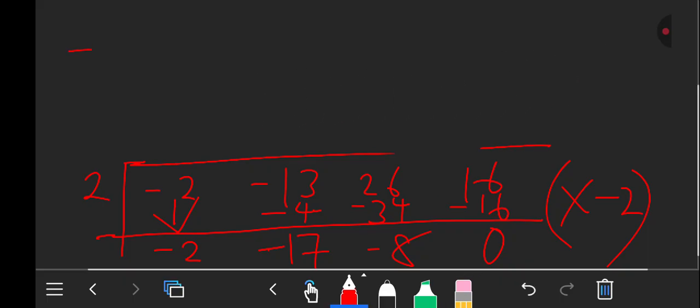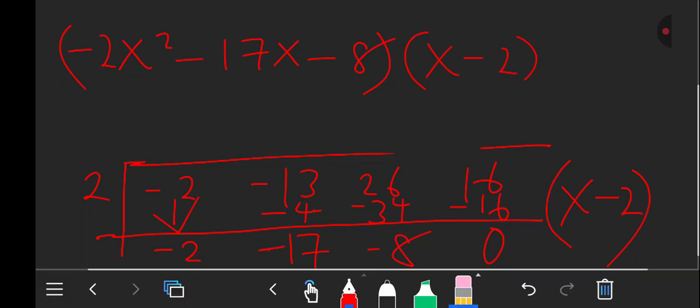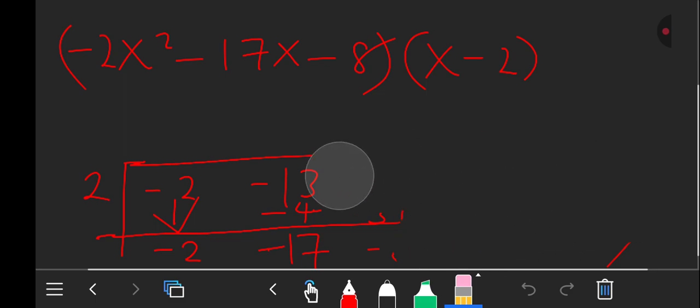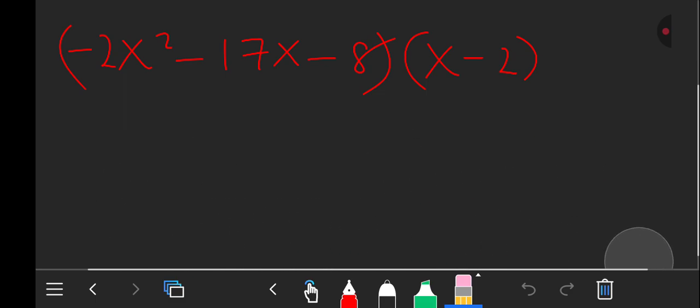After you get those, you can change this into a quadratic. So it will be negative 2x squared minus 17x minus 8. Then you also have the factor which we got, which is x minus 2. Now you can use the factorization method, where you find the product, the sum, and the factors.